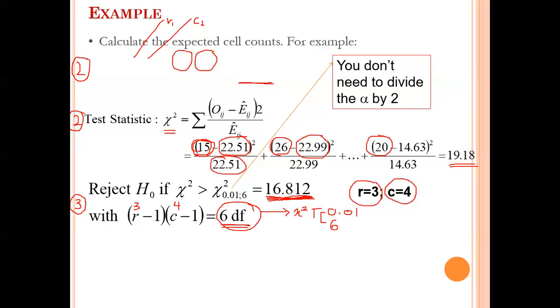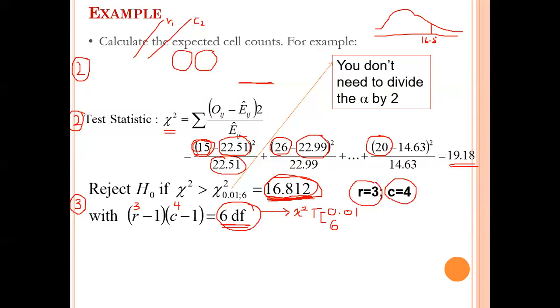Now we can do the comparison. If you draw the graph, it is skewed to the right. Let's say the critical value 16.812 is around here.